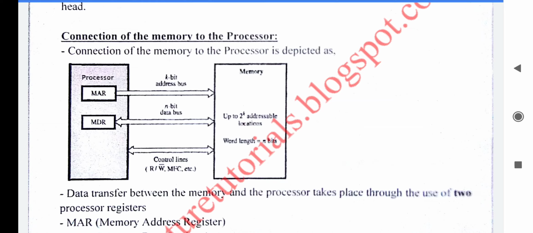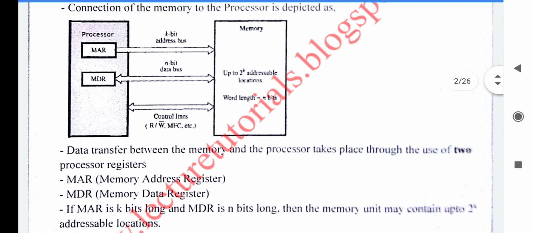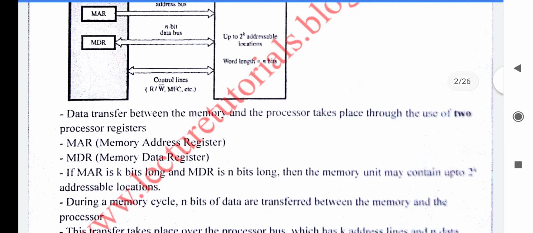Data transfer between the memory and the processor takes place through the use of two processor registers. Transfer of data between these two is done through these two registers, called MAR, memory address register, and MDR, memory data register. If MAR is k bits long and MDR is n bits long, then the memory unit may contain up to 2 to the power of k addressable locations.